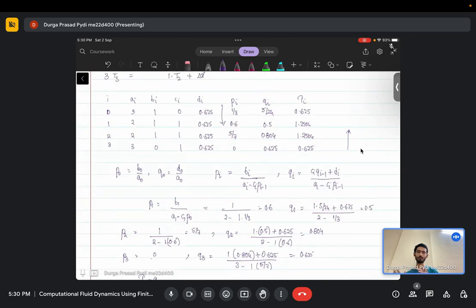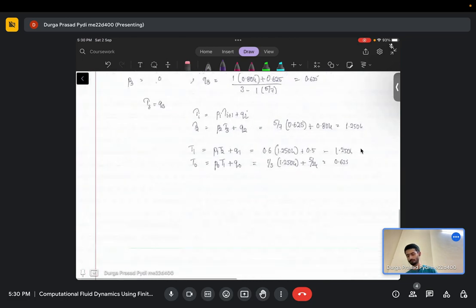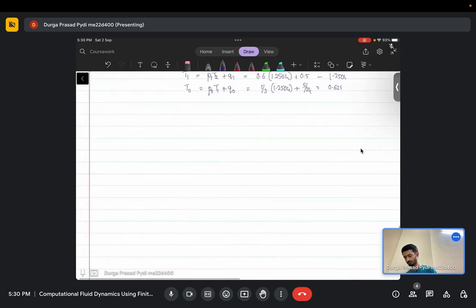The next step is to calculate the flux at the boundaries. We have this as our domain, x equal to 0 to x equal to 1, and I have divided it into 4 cells. So this is my T0, T1, T2 and T3.